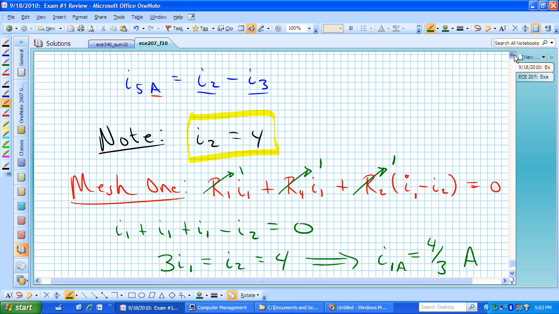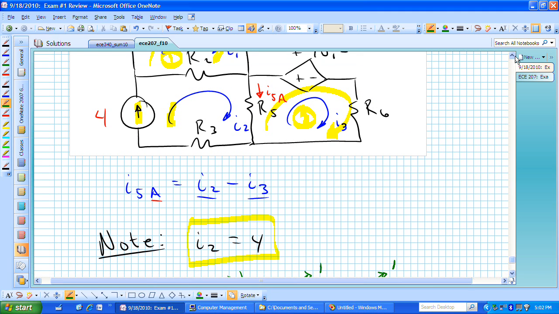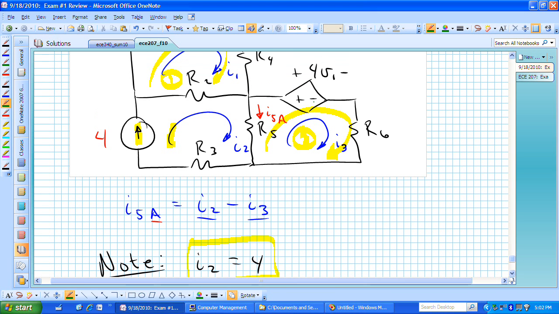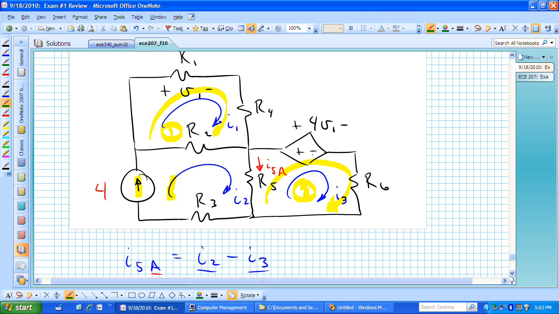Now let's go ahead and find I sub 3. We do need I sub 1 because it's going to actually arise because of the fact that going through KVL for mesh 3, we are going to have as one of those pieces this voltage source 4V1, and V sub 1, by definition of the top left voltage drop across R1, V1 is actually R1 I1.